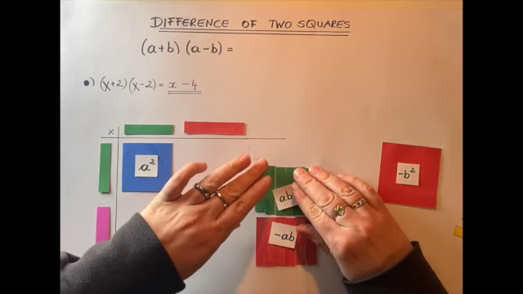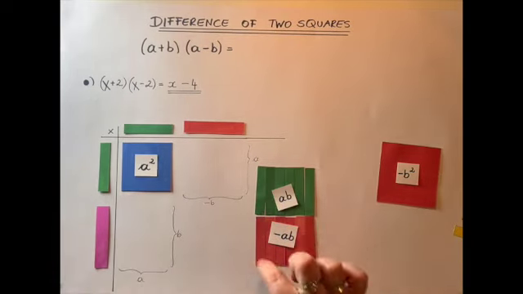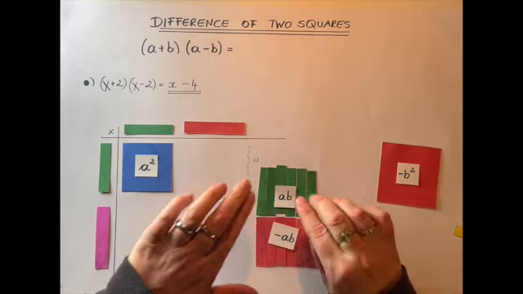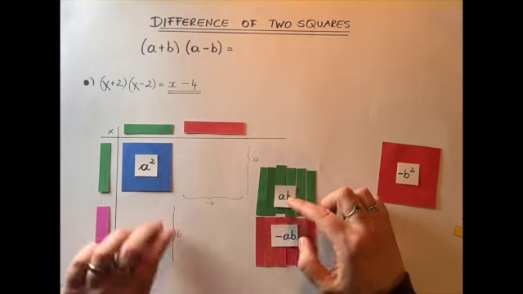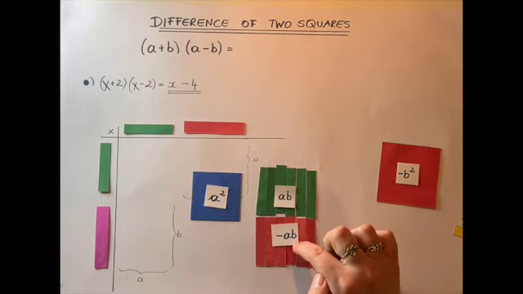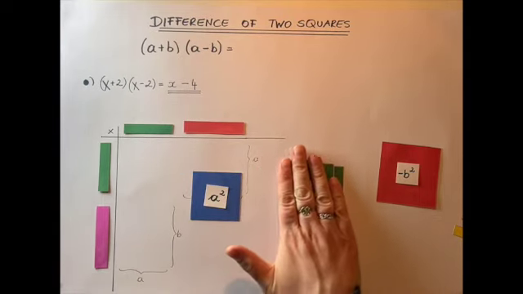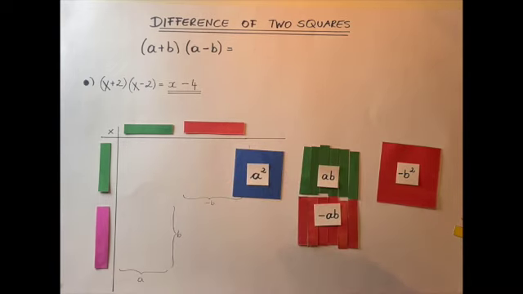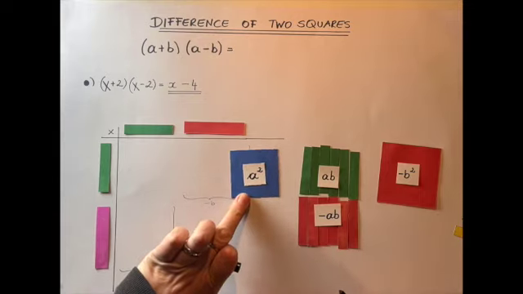And you can see already that they will form a zero term. They cancel each other out. AB, take away AB, will simply be nothing. And we have that a square here. So let's start with that a square.